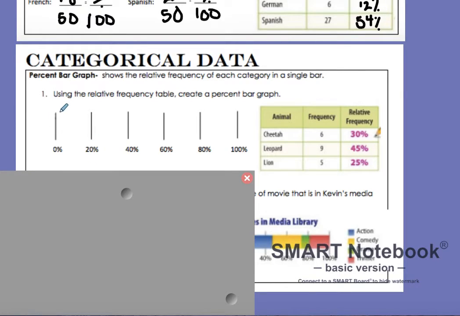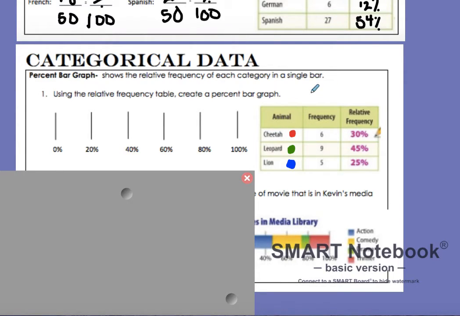So here we have 0 all the way to 100%, and we're basically going to draw rectangles in different colors that represent the percentage that we see from the table. So I'm going to make cheetah red, then we'll do leopard in green, and lion in blue.